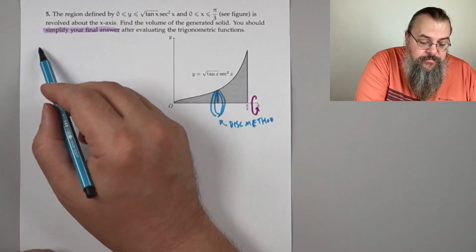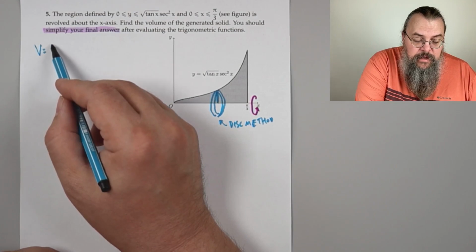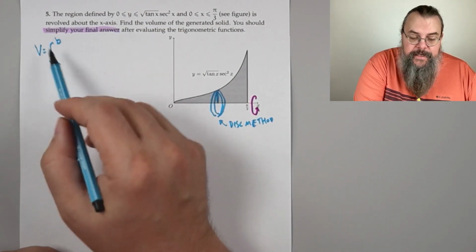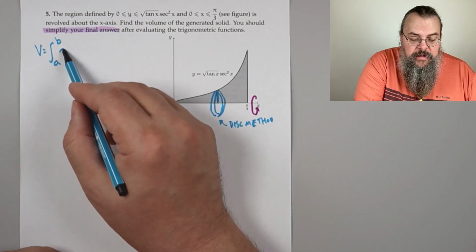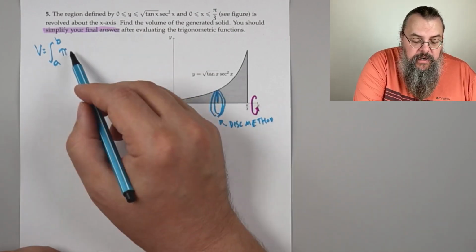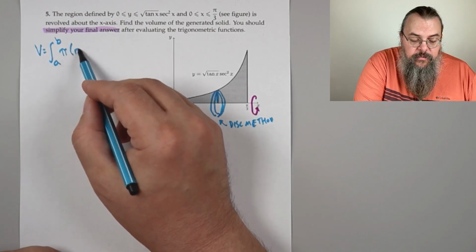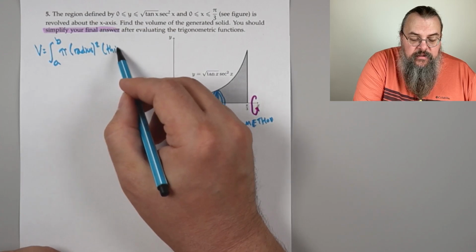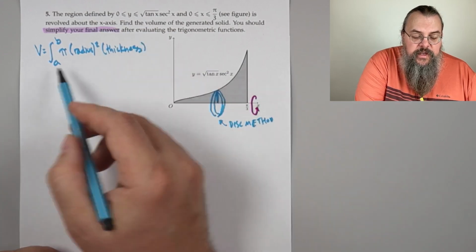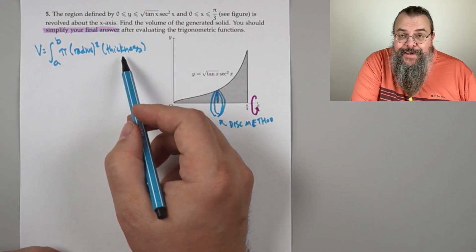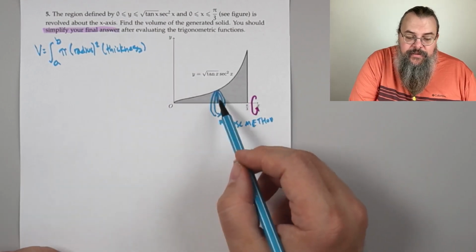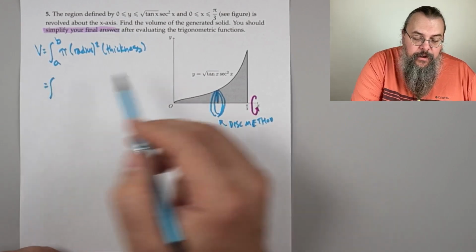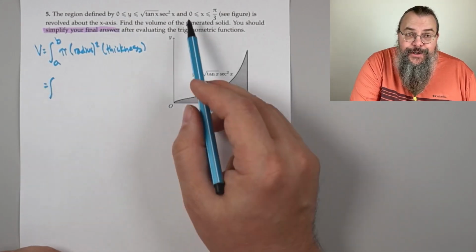Well, the volume is equal to the integral start to finish. So we're adding up. We take the area, which is pi, the radius squared, and then there's the thickness. So really you can think of this as area times thickness. That's the volume of a little piece, and add it up. So for us, we know where we're going, 0 to pi over 3.